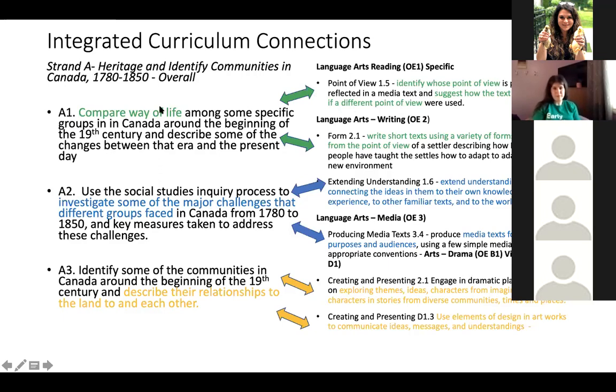And so over here, we've got more than one group that we're studying. So they're identifying whose point of view. So which of these groups is the point of view? And then they're going to suggest how the text might change if there's a different point of view. So everything I put into my language lessons is now going for this specific expectation. They're also going towards the social studies expectation. So they're aligned. Everything I'm doing in my language work aligns with the social studies lesson.